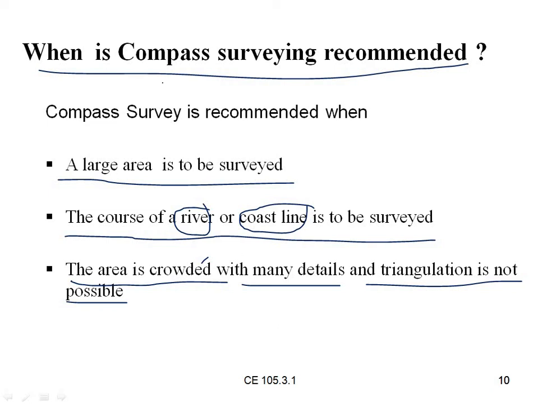Remember, these points are very important. When is compass surveying recommended? First of all when a large area is to be surveyed, when the course of a river or coastline is to be surveyed, and when the area is crowded with many details and triangulation is not possible.